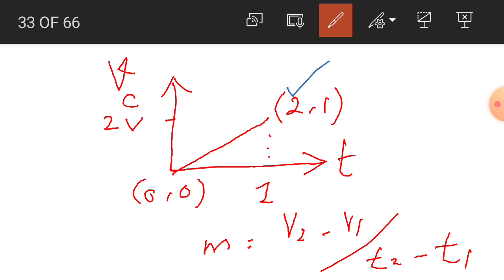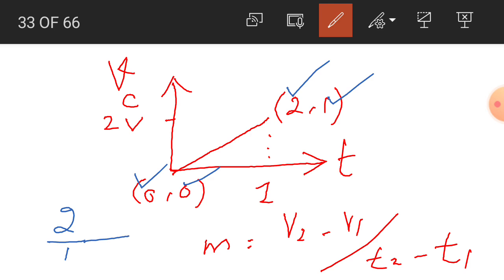V2 is 2 volt. V1 is 0 volt. So V2 minus V1 will be equal to 2, and T2 is 1 while T1 is 0. So T2 minus T1 will be equal to 1 minus 0, which is 1.